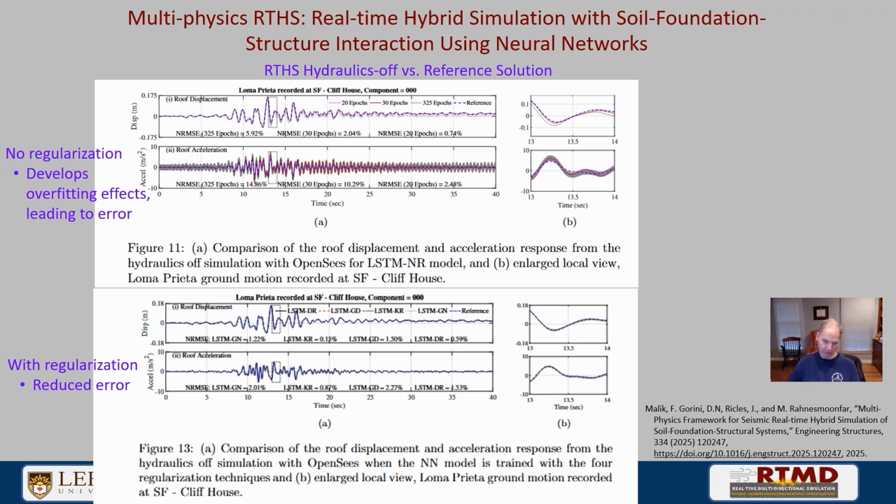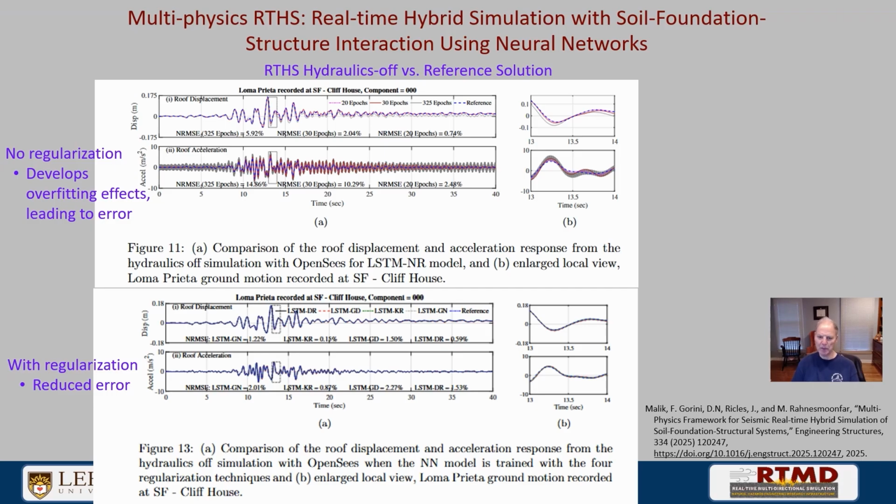So let's now look at some results here. Shown in the upper part of the figure is a real-time hybrid simulation. I call it the hydraulics off. This is where we model everything numerically, including the dampers, but we're going to compare that with a reference solution which has the exact same model except for one thing.